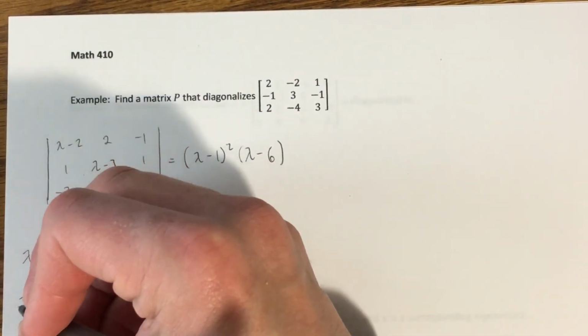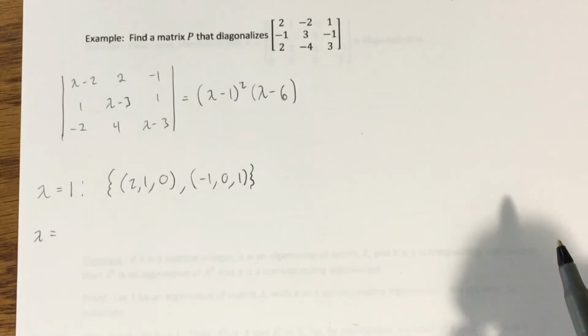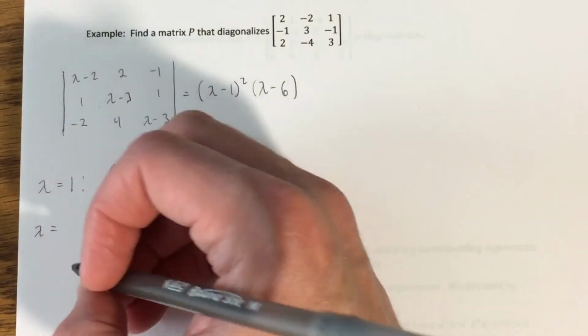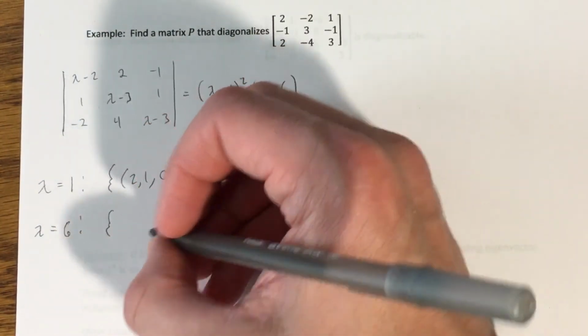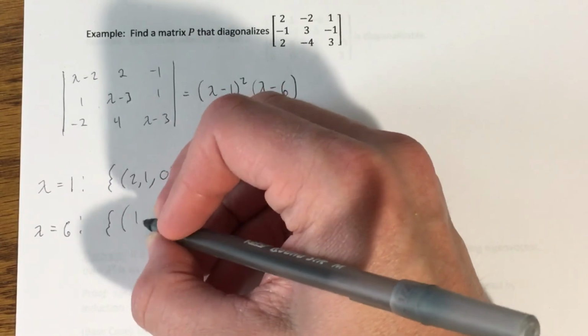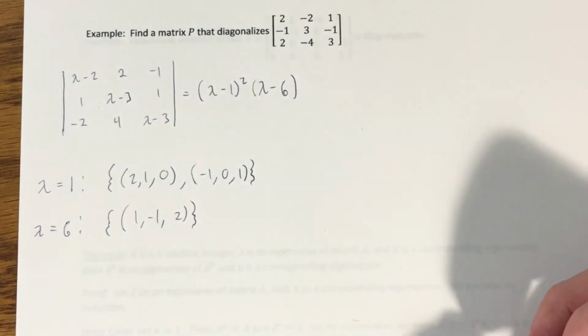And for my second eigenvalue, which is 6, we get a basis that contains only one vector, (1, negative 1, 2). So that's the eigenvector that corresponds to 6.